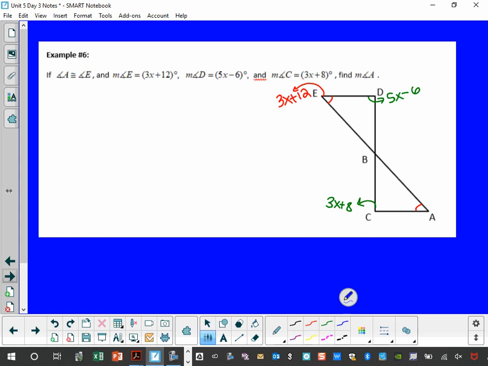Alright, so we talked about this, but not too much in detail because it's not till day 5. But if they told me that A and E are congruent, then I know that C and D are also congruent. How could I solve for X if they gave me C and D? Equal each other. Make them equal to each other. So I could have 3x plus 8 is equal to 5x minus 6.